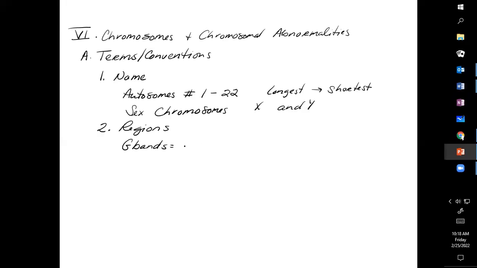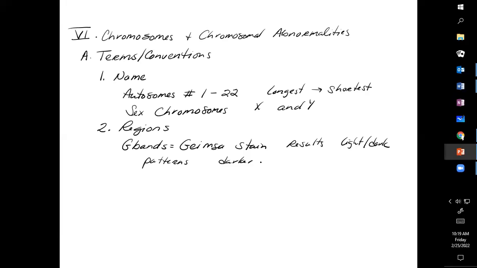G-bands are the result of a special staining. So this is kind of like the old school staining of chromosomes by a dye called Giemsa. So if you Giemsa stain chromosomes, it results in a light, dark banding pattern, where the darker regions pick up more stain.